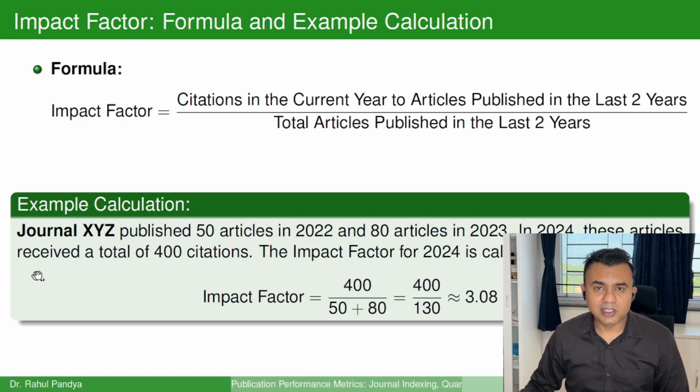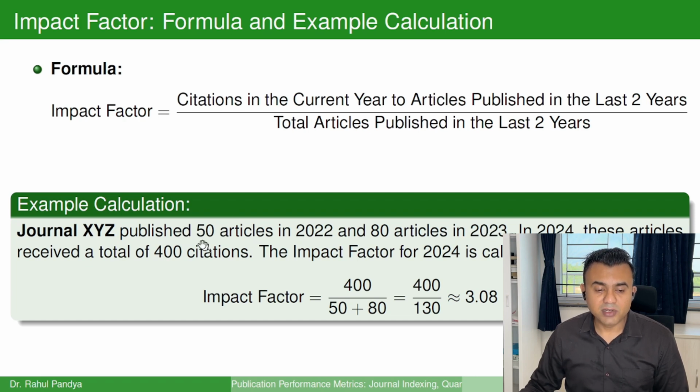For example, let's say a journal XYZ has published 50 articles in the year 2022 and 80 articles in the year 2023. Here, for the citations in the current year to articles published in the last 2 years, I have to count how many articles were published in the last 2 years.